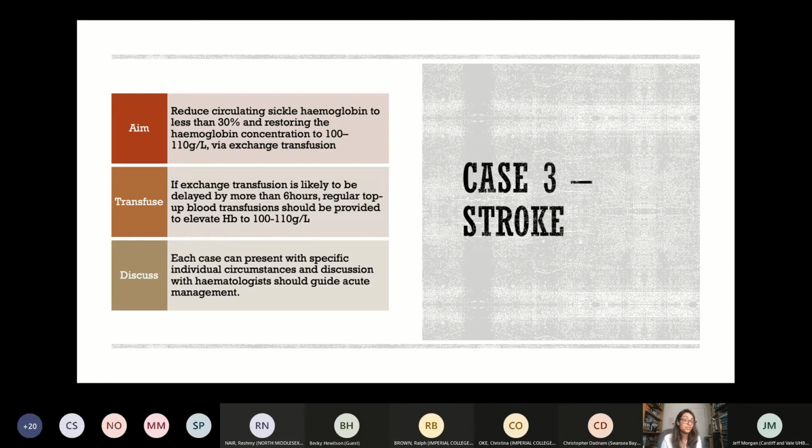If exchange transfusion is likely to be delayed by more than 6 hours, try and give regular top-ups of blood transfusion to elevate that hemoglobin to between 100 and 110. And again, discuss really early on, so each case can present with specific individual circumstances, and when you discuss this with your haematologists, they will guide your acute management to try and make sure we're improving cerebral oxygenation as best as possible.